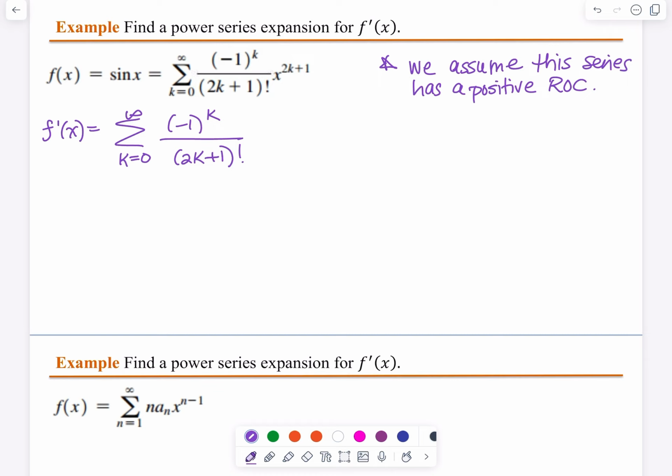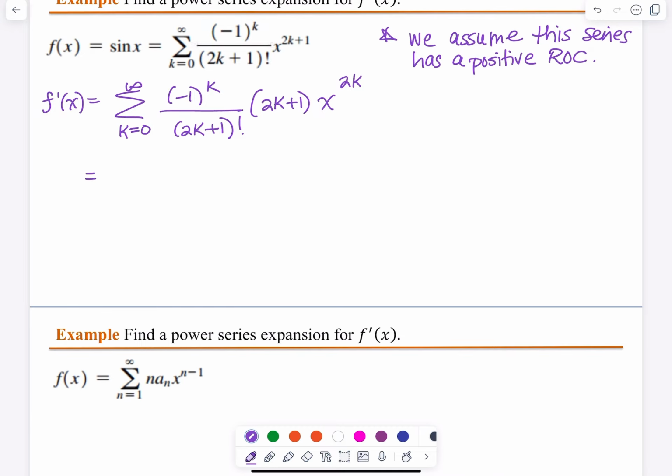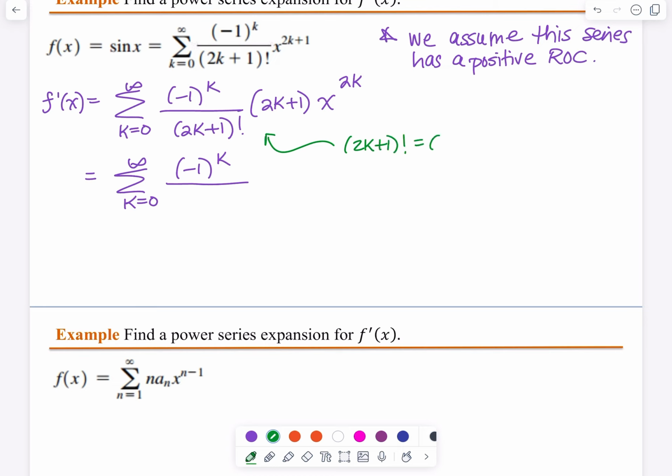So that is just part of taking the derivative. So now we'll bring that 2k plus 1 to the front, and we have x to the 2k plus 1 minus 1. So we just have 2k. And so now we can go ahead and simplify that a little bit. So you can see that we will just have negative 1 to the k divided by, and when you can see here that 2k plus 1 factorial is equal to 2k plus 1 multiplied by 2k factorial.